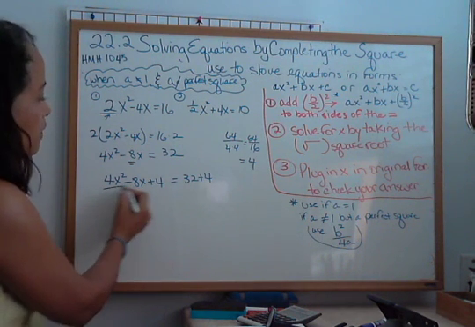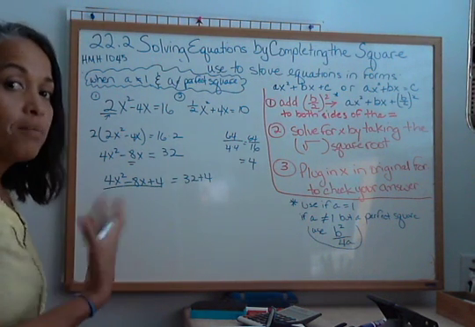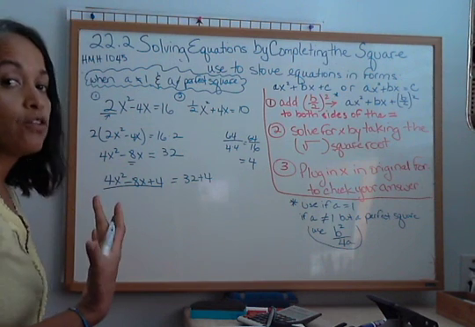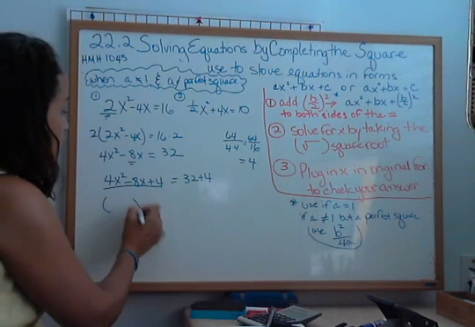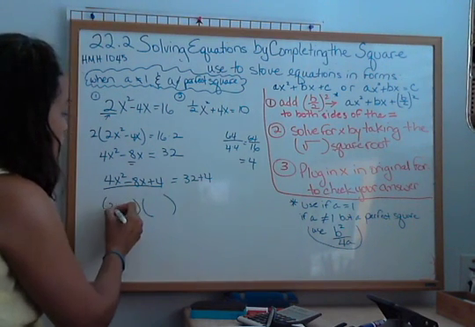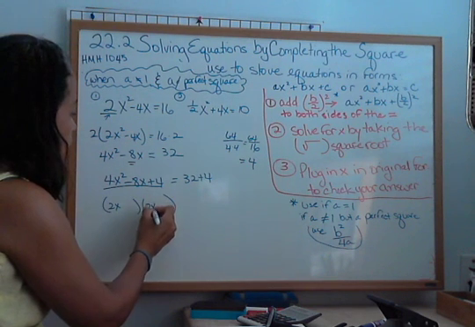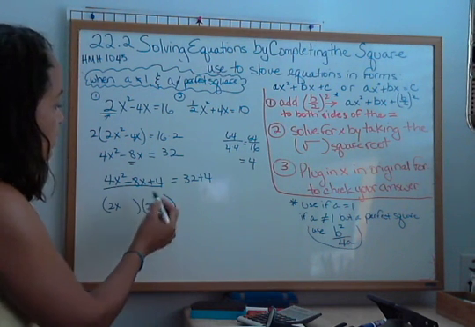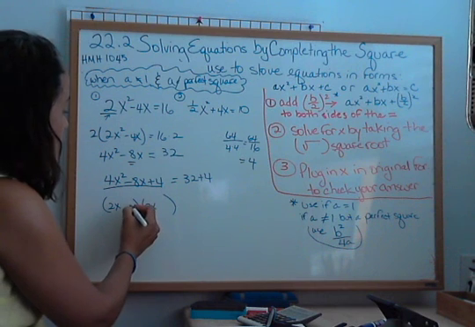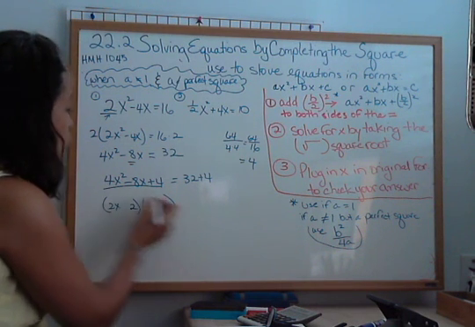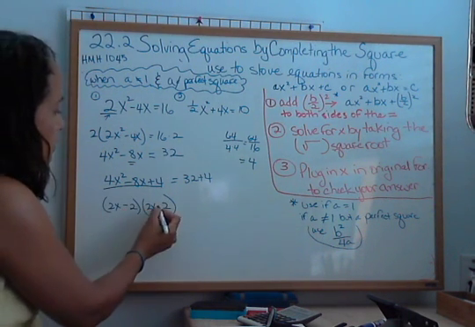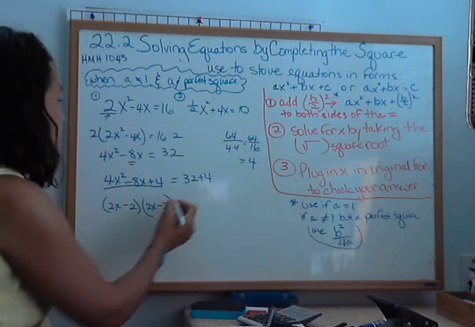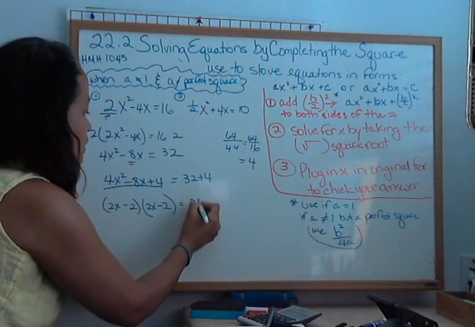So here I have my perfect square trinomial. So I can already write it like this: 2x, and I need something that's the same, so it has to be 2. So minus sign, so it's a minus, equals 36.